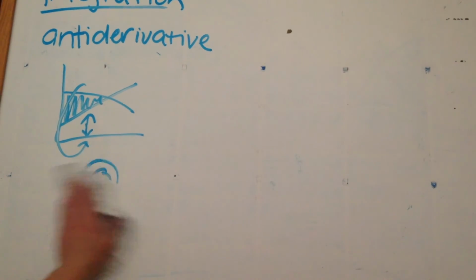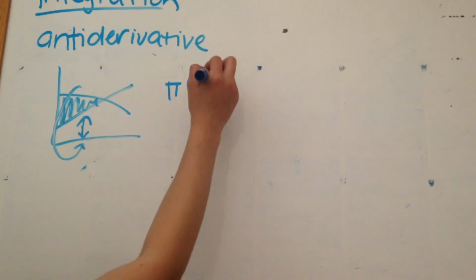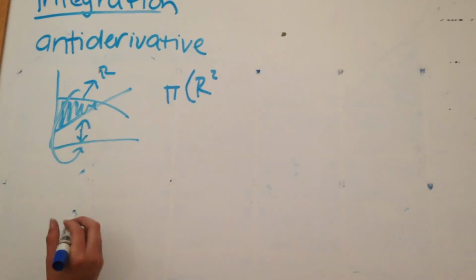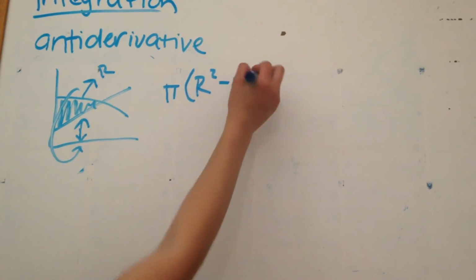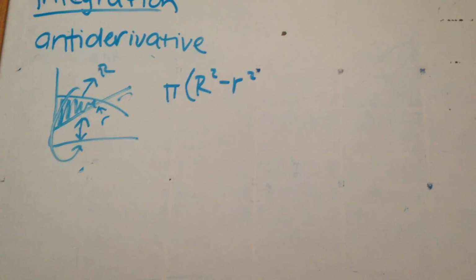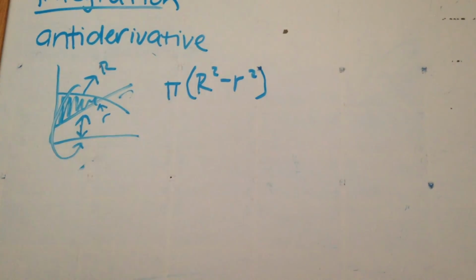But anyway, the equation for that would be pi times the big radius squared, which is the function for the top equation, minus the little radius squared, which is the function for the bottom equation right here. This is the equation that you would plug into the integral.